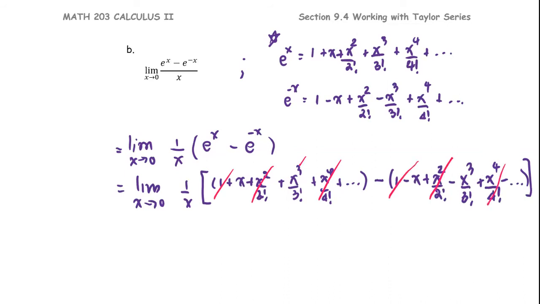Then we get the simplified form as 1 over x multiplied by twice the odd power terms, and the sign of them now becomes positive.